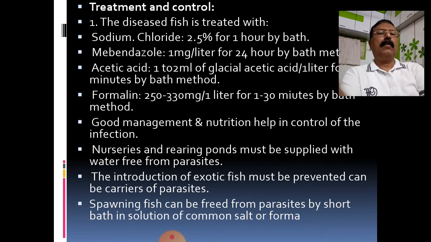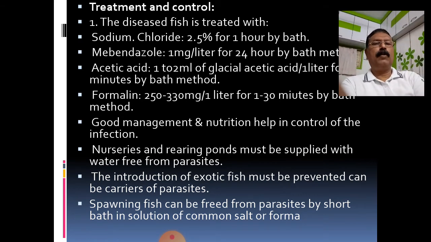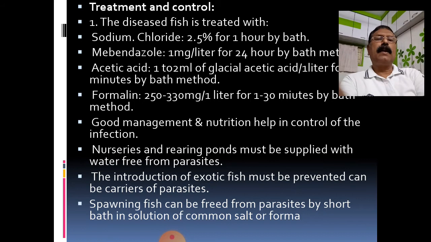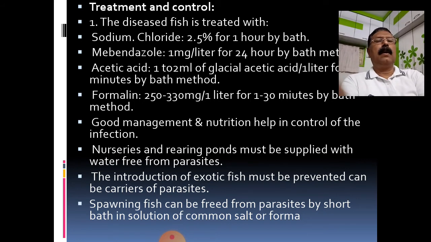So for control of this Gyrodactylus, you can use formalin, chemical name formaldehyde, at the rate of 250 to 330 mg per liter, and it is to be treated for about half an hour by bath method.